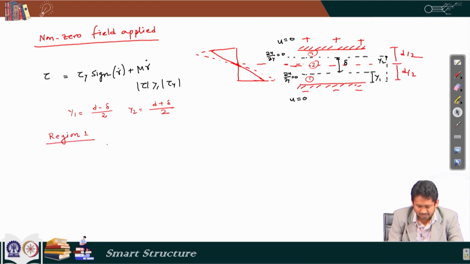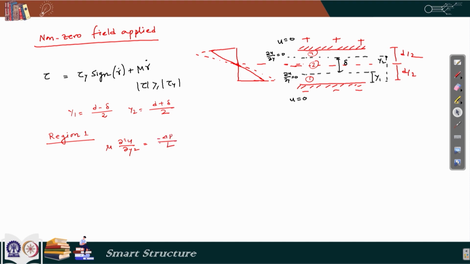In region 1, again our governing differential equation is mu del 2u by del y2 is equal to minus of del p by L, and then if we integrate that, that gives me u1 of y.